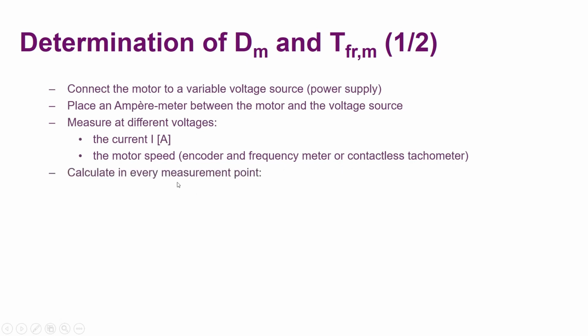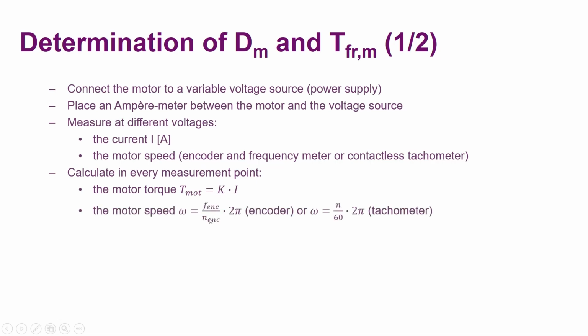Now for every measurement point, we calculate the motor torque by multiplying the measured current by the motor constant K, and we calculate the motor speed omega by using the frequency of the encoder, dividing it by N, the number of pulses per revolution of the encoder, and multiplying that by 2π.